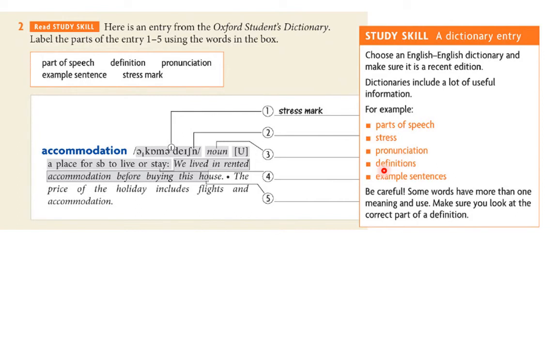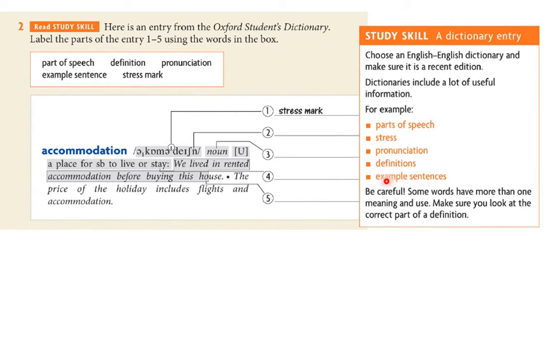The fourth part is definition. Definition, it is the meaning of the word. Accommodation is a place for somebody to live or stay. SB is an abbreviation of somebody. So this is the definition.